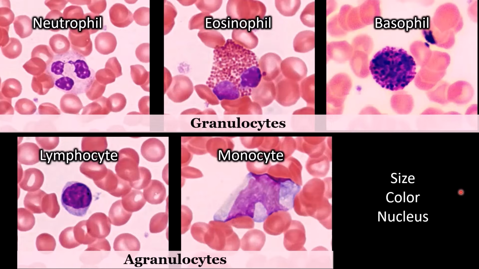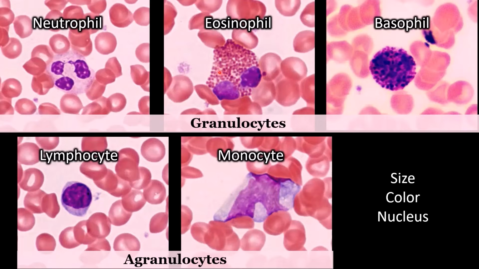What is helpful is just looking at the nucleus. They all have nuclei that are really different. So neutrophil is the only one that's going to have a multi-lobe nucleus. There could be anywhere from 3 to 6. Or sometimes an immature neutrophil, before the nucleus separates into separate lobes, you'll get one skinny horseshoe.